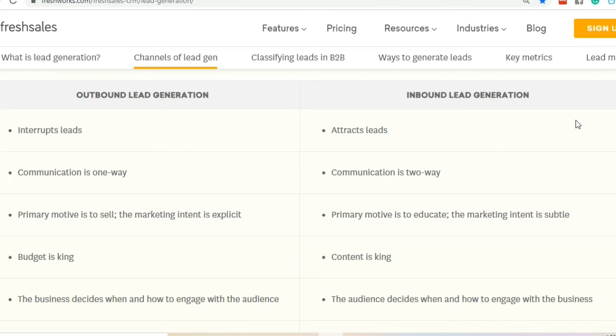Now, for inbound lead generation, usually it attracts leads. You're the one looking for, our lead is looking for a content, or for example, a video on YouTube. Let's say I'm looking for the best vlogging camera in 2020, and I search for that term, vlogging camera in 2020, on YouTube, and a lot of videos would come up.